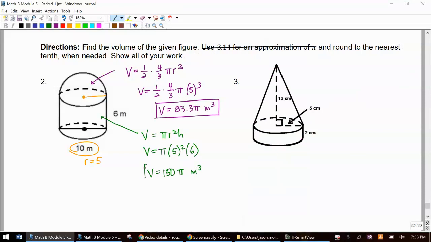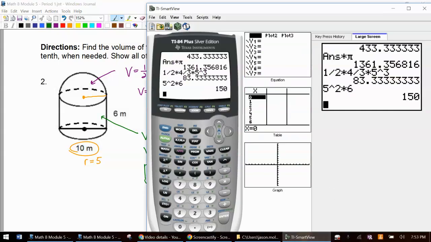All right. And then we're really after the combo of these two. And we're going to add these up. All right. So we've got 150 times pi plus 83 point, I'll just put a couple in here so that I get an accurate answer, also times pi, because these were both in terms of pi.